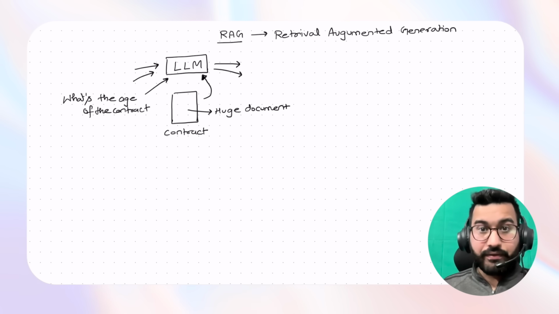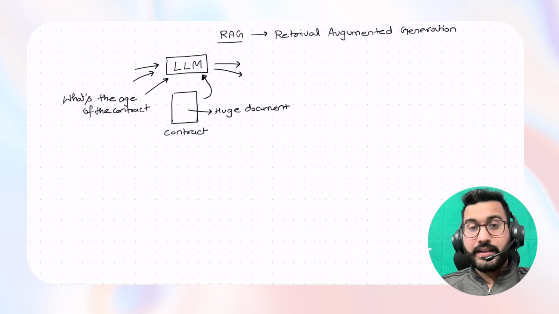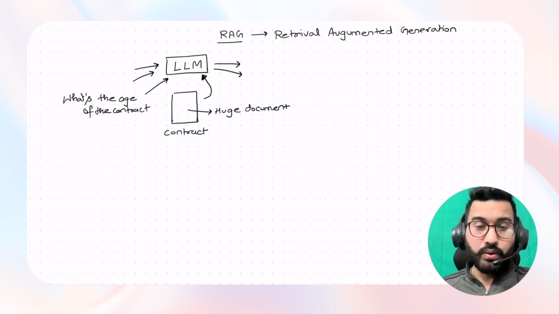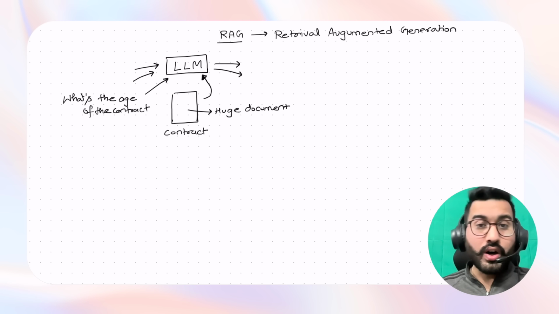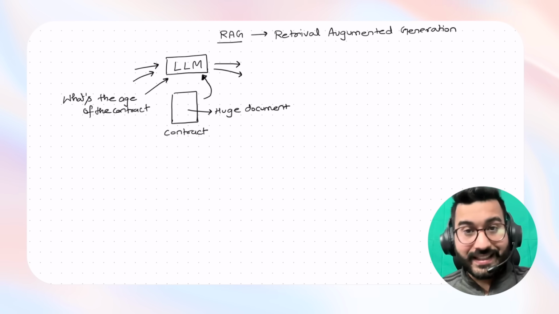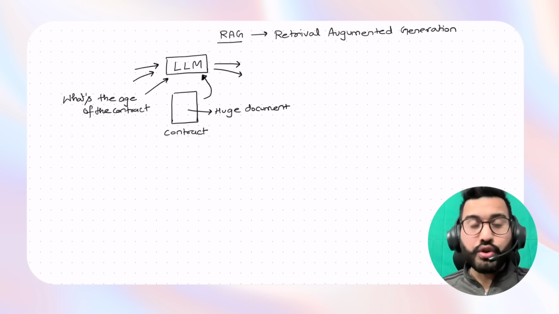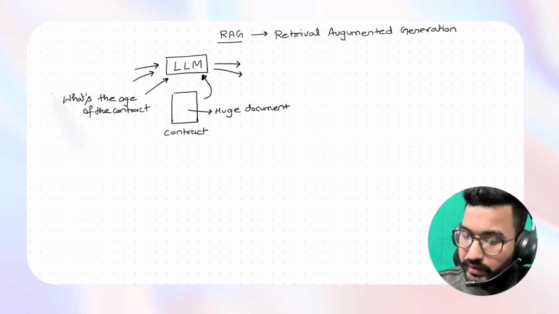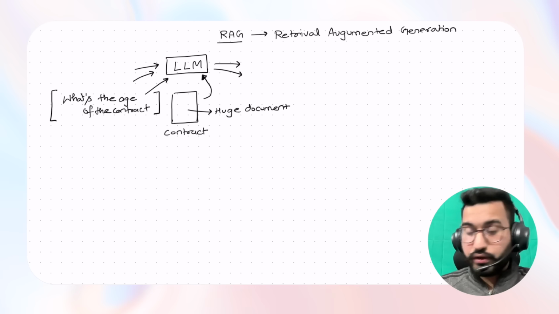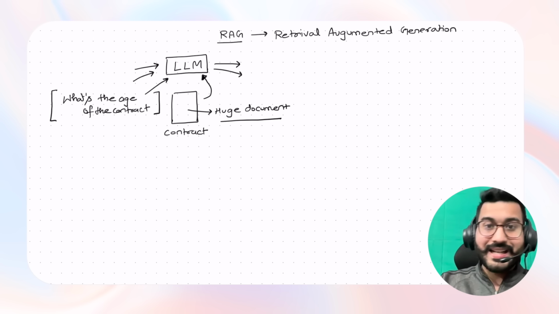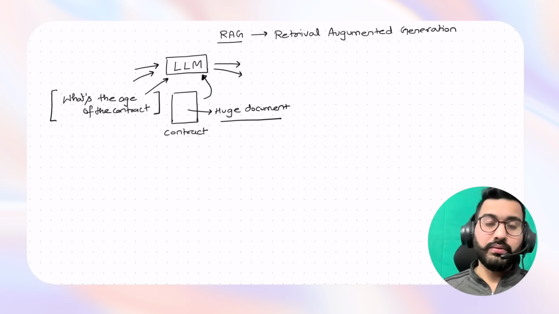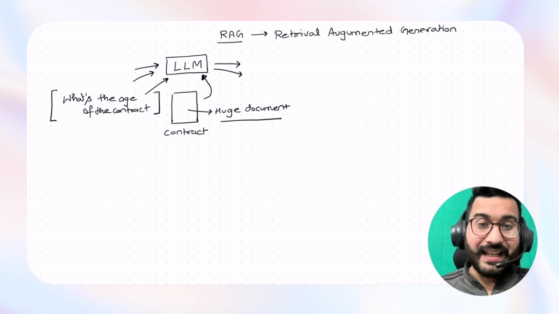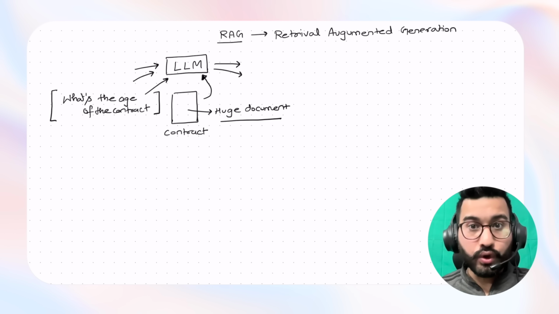And given that the LLM has a limited context window, your LLM cannot understand or digest or process huge documents. If you upload this entire document in ChatGPT or in Gemini, the problem is that these LLMs have a limited context window. So they will make errors. They might end up giving you a wrong answer.